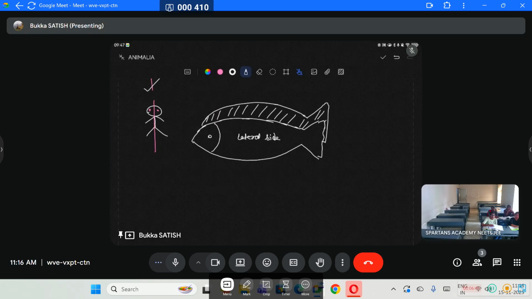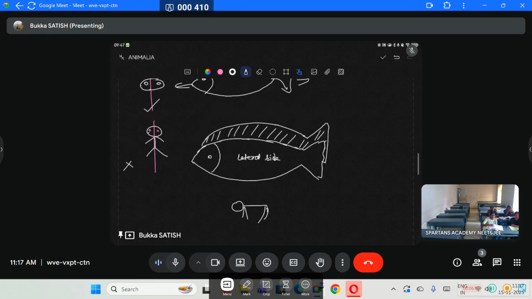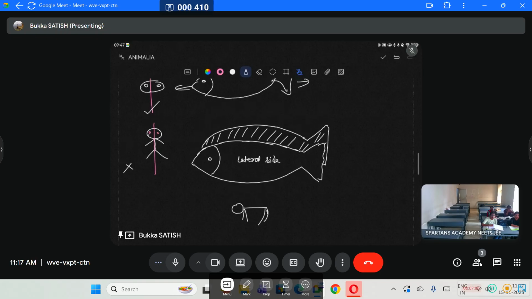The remaining animals are tetrapedal, walking on four limbs. That's why you take the human like this, because the definition of sides is based on this, not on this. First of all, in the fish case, these are the lateral sides. This side is a lateral side, the other side is also a lateral side. Next, the head-consisting side.